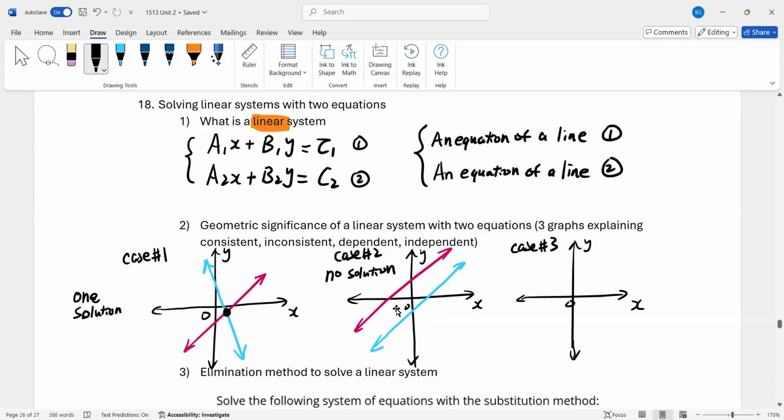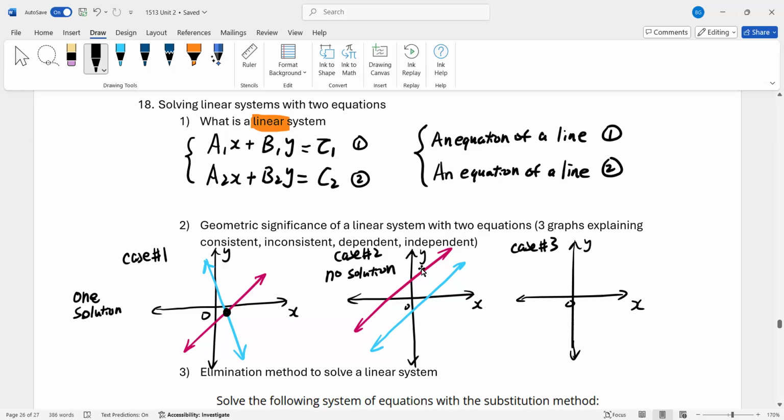In order for an ordered pair to be a solution of a system, that pair has to satisfy both equations. Graphically speaking, the point represented by the ordered pair has to be on both straight lines. If the system has a solution, that point has to be on both straight lines.